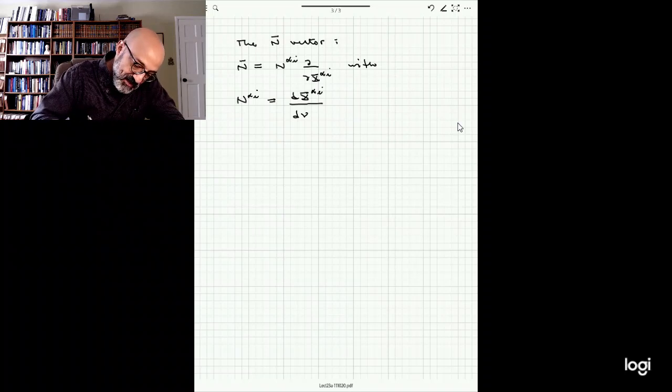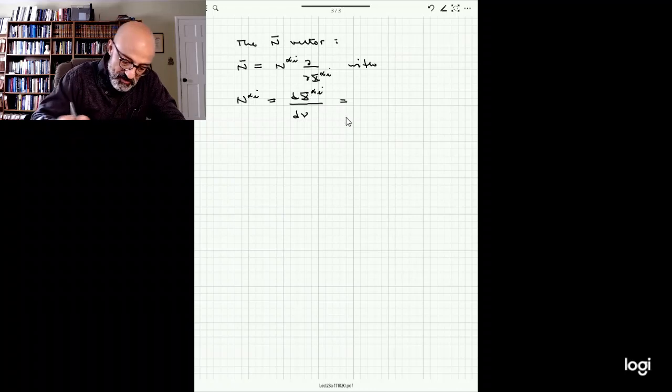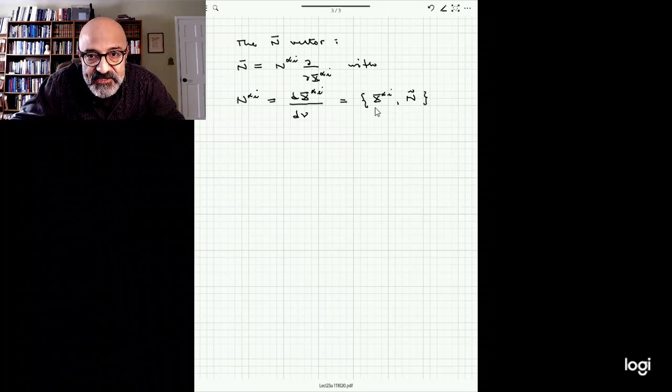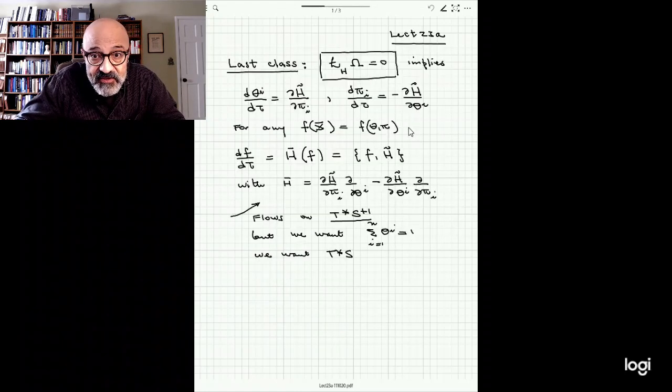And the rate of change of x's with nu, that's going to be given once again by Poisson brackets. It's always the same formulas that we're using here. So this is what allows us to find the vector components that go with the scalar function. It's exactly the same type of equation that we had down here.